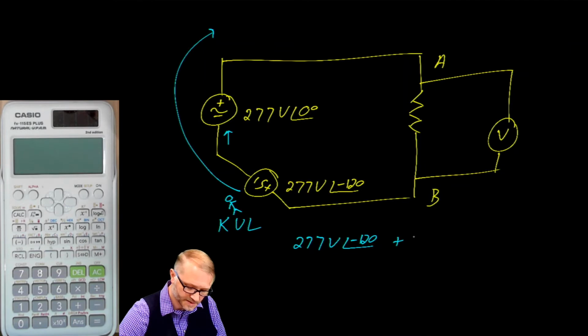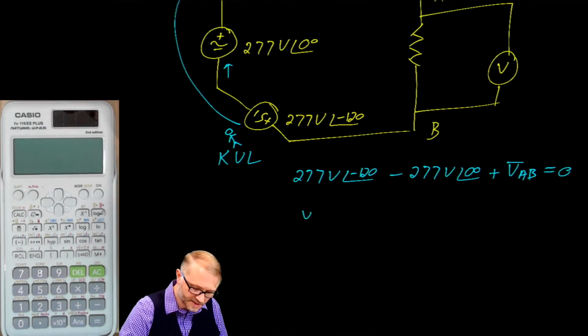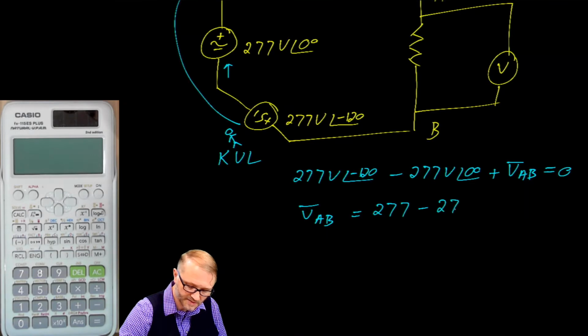So that's minus 277 volts, angle 0 degrees, plus voltage A to B is equal to 0. If we rearrange this, we say the voltage A to B is 277 minus 277 angle negative 120.